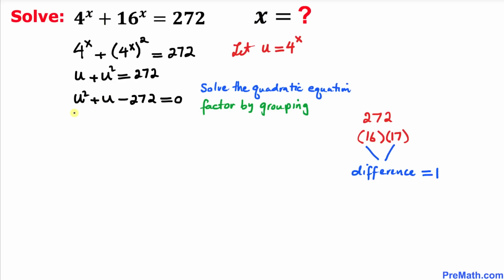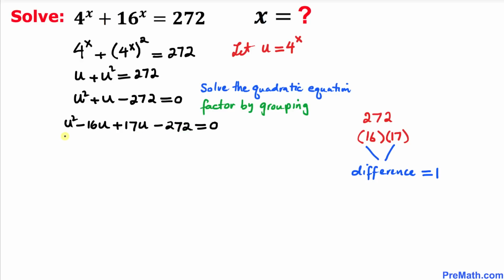So therefore, we can write this quadratic equation as u square minus 16u plus 17u minus 272 equals 0. And now we can see between these first two terms, u is in common, and between these next two terms, 17 is common.